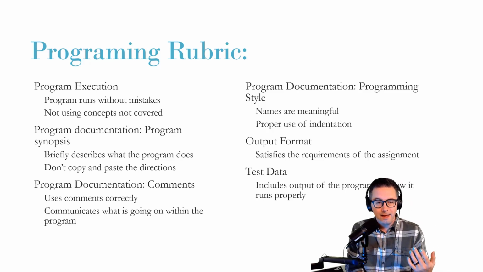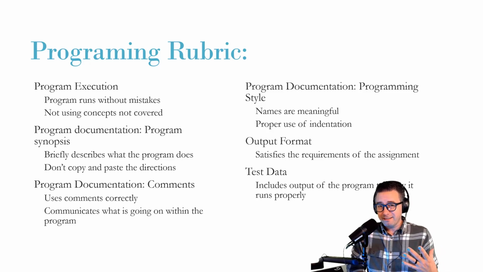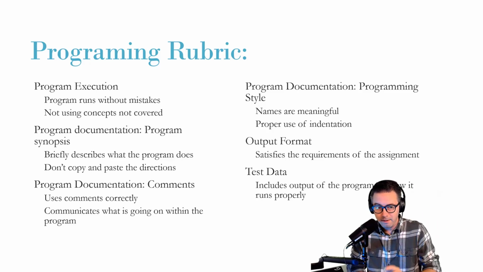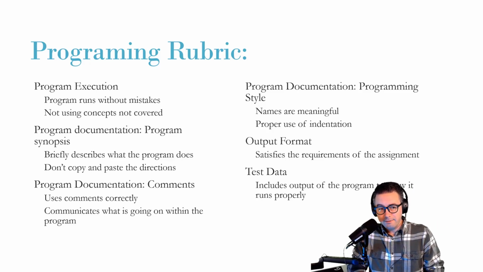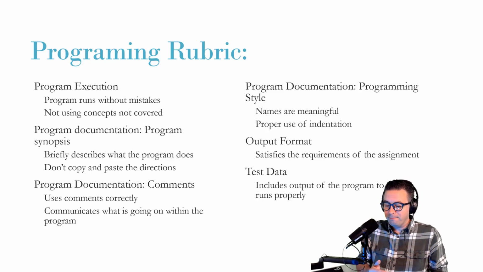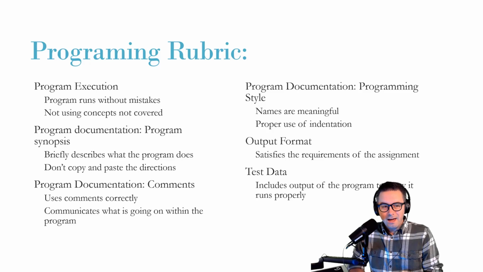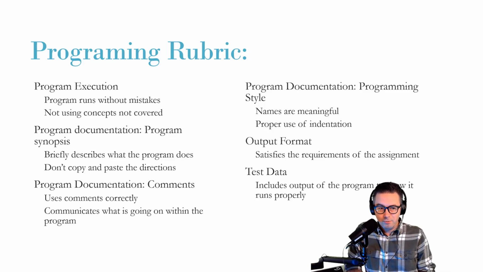But the intent of commenting is to make your code easier to follow so that somebody can look at your code and very easily know what you're trying to do. Since this is about learning how to program, it's a good habit to work on building. So make sure you use comments correctly.